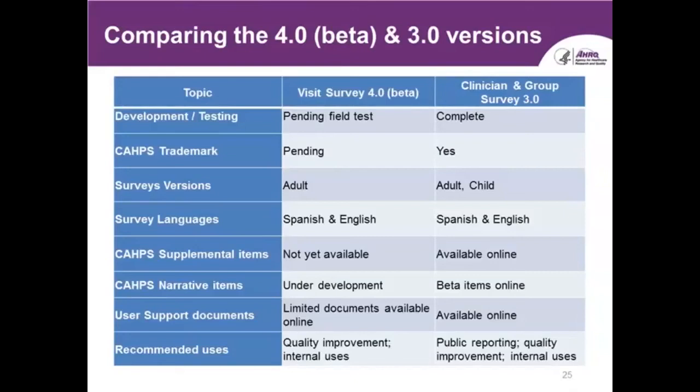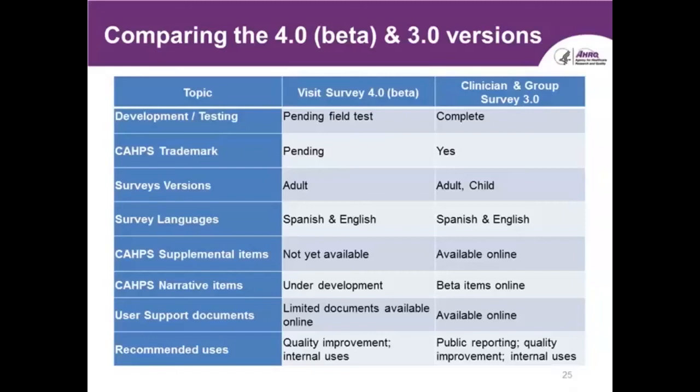Development of the visit survey 4.0 is still in progress, with field testing pending, and as a result, the trademark is also pending. In comparison, version 3.0 of the Clinician Group Survey has been fully developed and tested and approved for use of the CAHPS trademark. Depending on your intended use, this may be an important distinction.